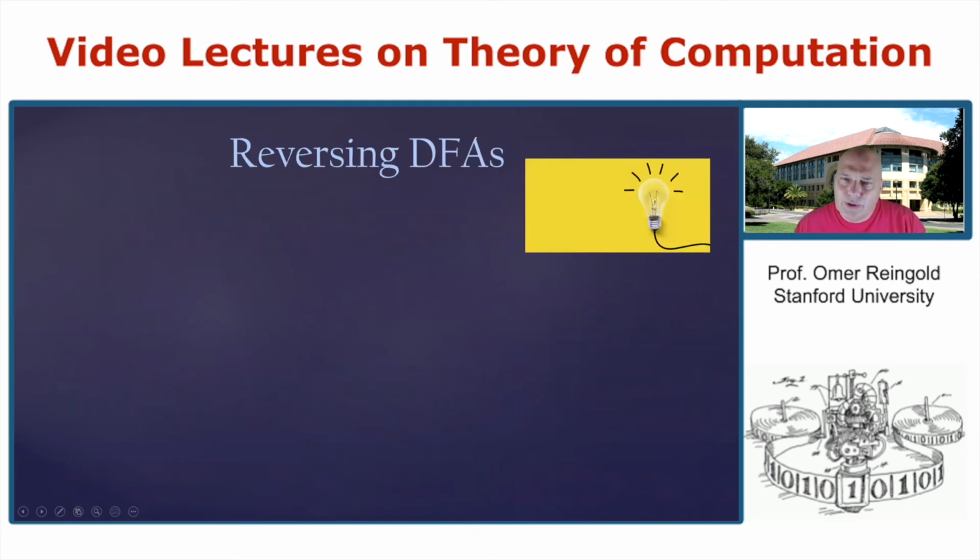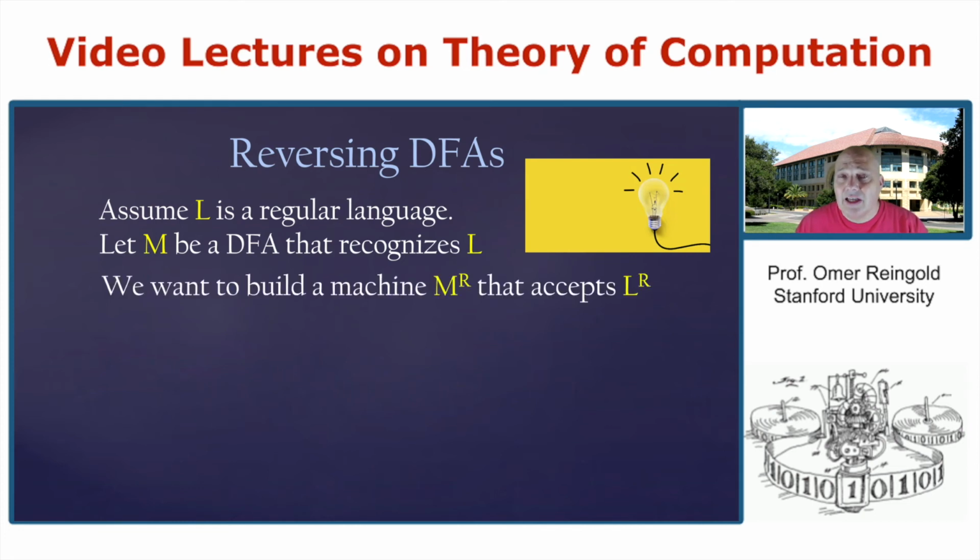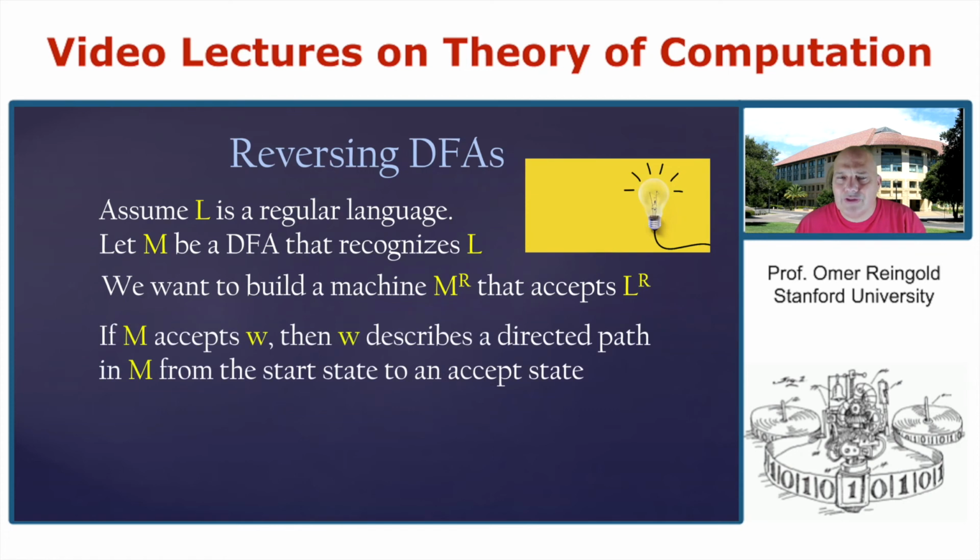So how are we going to reverse a DFA? The idea is that we assume that L is a regular language, and let M be the DFA that recognizes L. We want to build a machine MR that accepts L reverse, and we're just going to try to reverse M. If M accepts w, then w describes a directed path in M from the start state to an accept state.